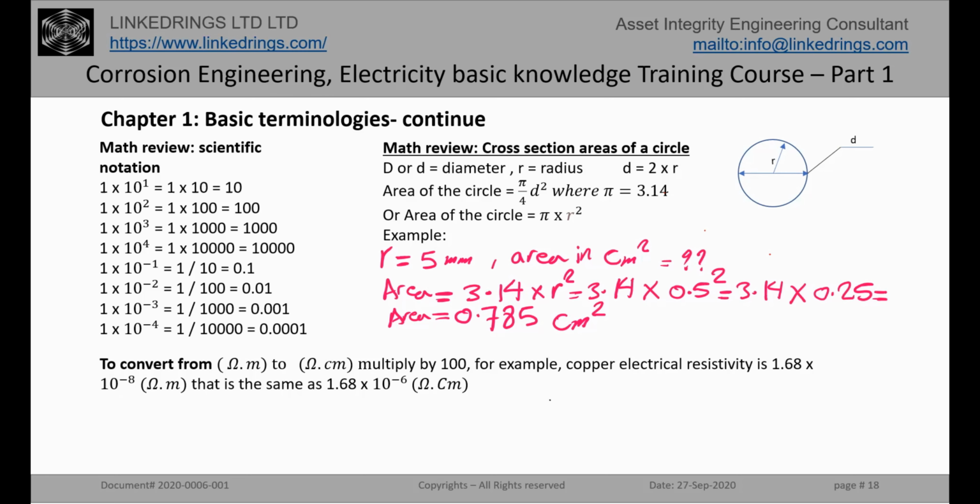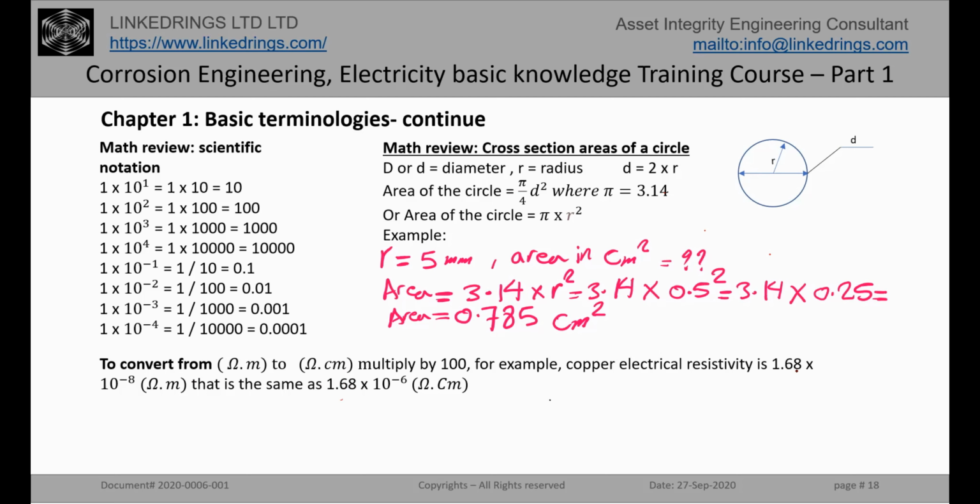In some of our life examples or exam questions, we may find the unit of the resistivity not in ohm centimeter, but in ohm meters. So to convert from ohm meters to ohm centimeters, multiply by 100. For example, the copper electrical resistivity, 1.68 times 10 power minus 8 ohm meters, is the same as 1.68 times 10 power minus 6 ohm centimeters.